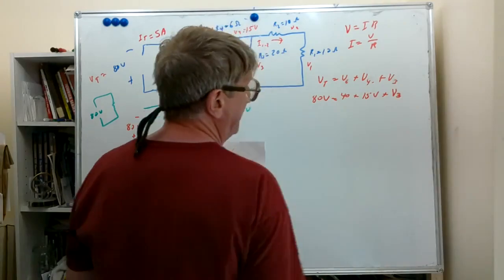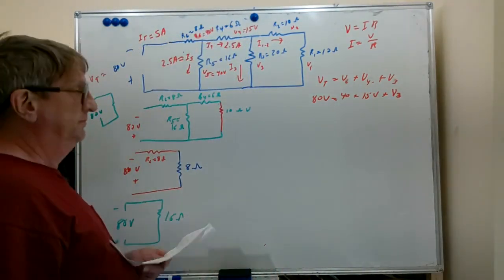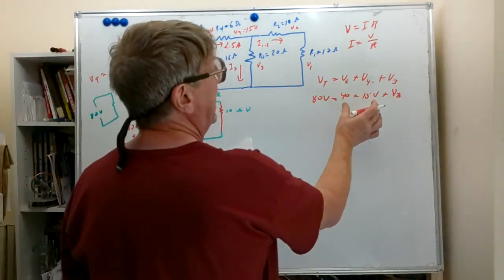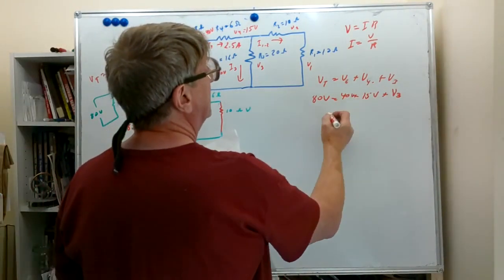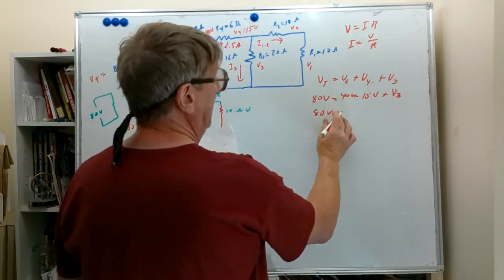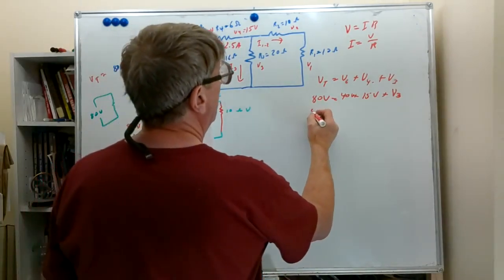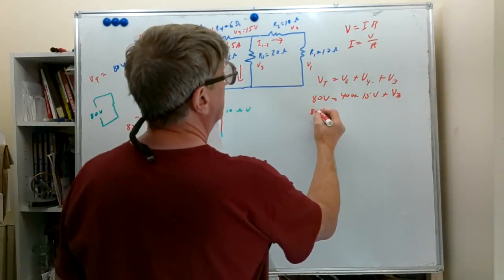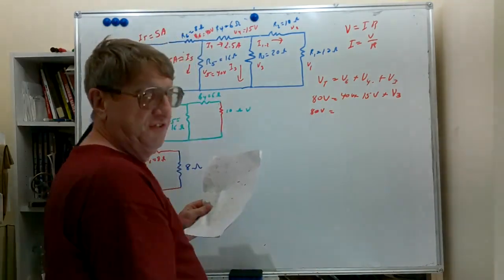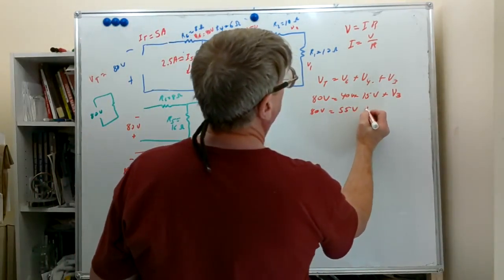Now I'm going to simplify this a little bit differently. First I'm just going to add these two together. 80 volts equals 40 plus 15. Erase that, it's a little clearer. 80 volts, our voltage total, will equal 40 plus 15 is 55 volts, plus V3.